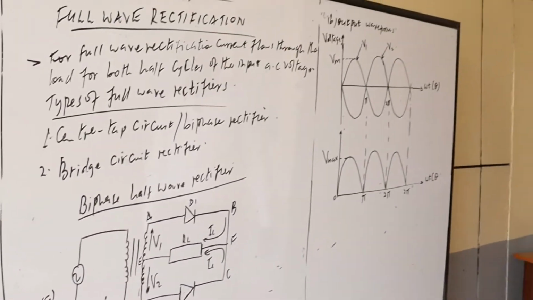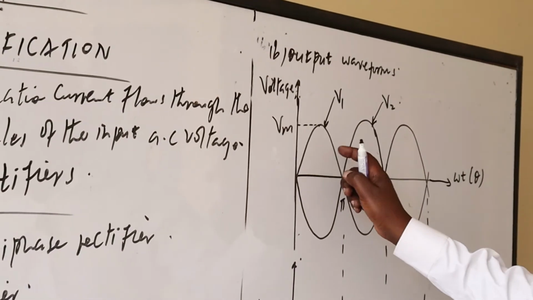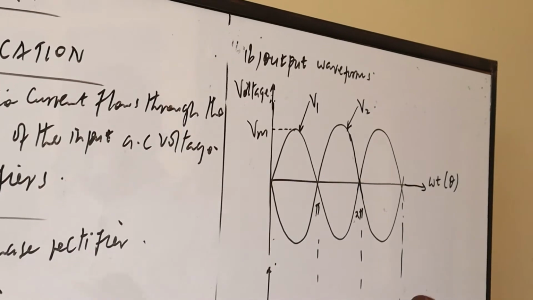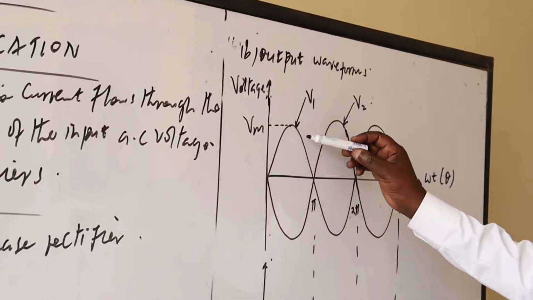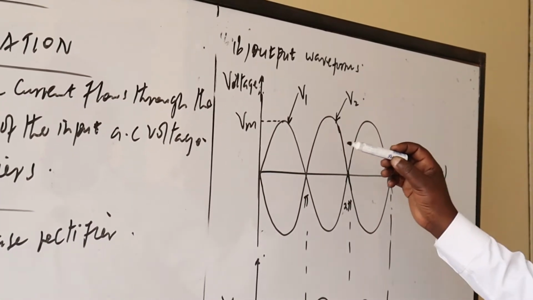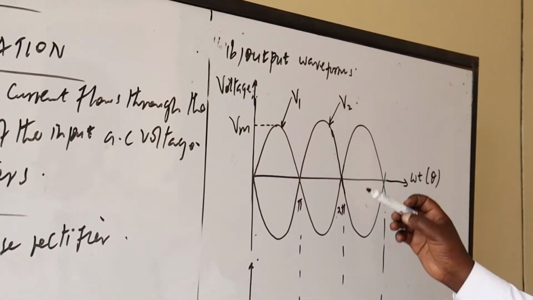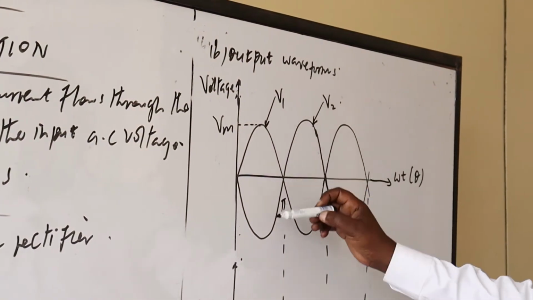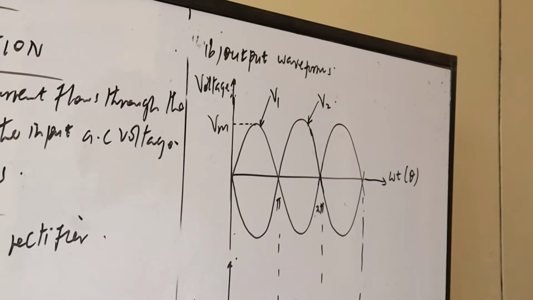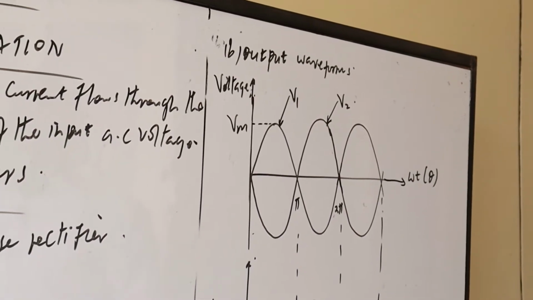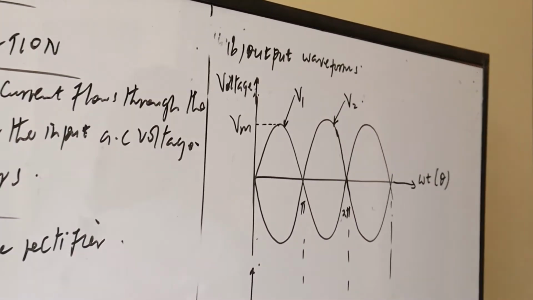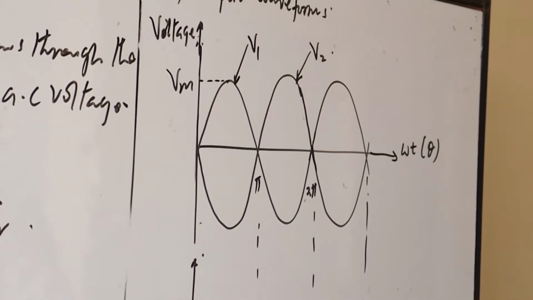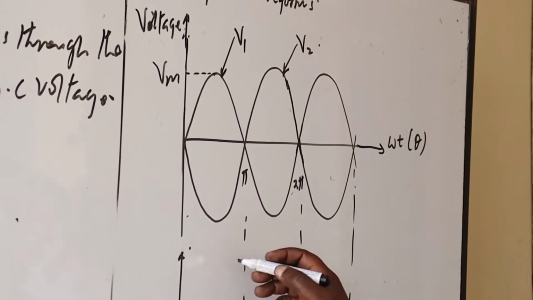So the waveforms, this is the waveform of our input, whereby the two voltages V1, you can see it, and as I said, the two voltages are equal but 180 degrees out of phase with each other. So you find that for the output waveform, there is flow of current throughout.